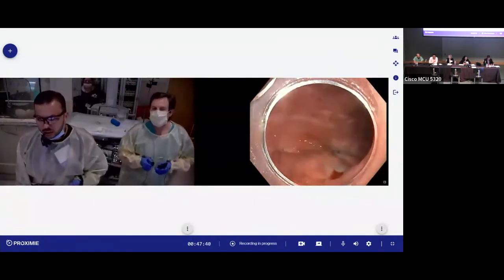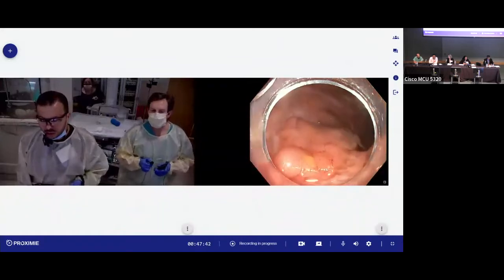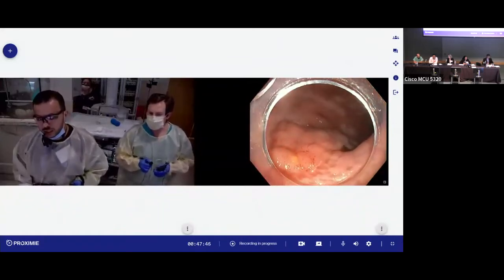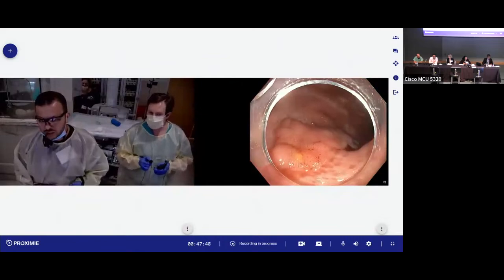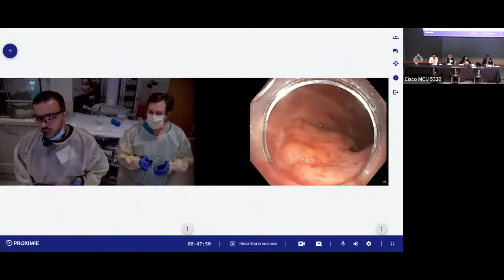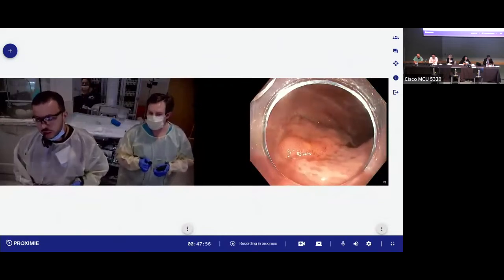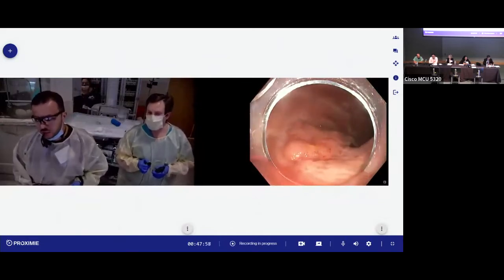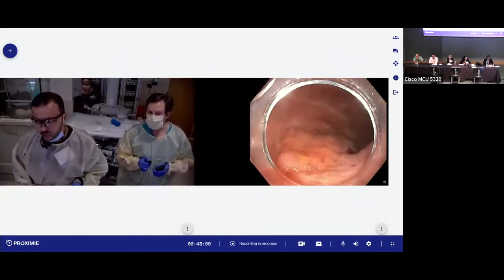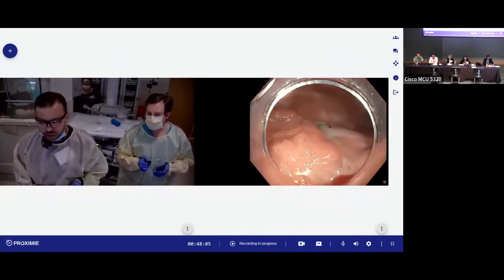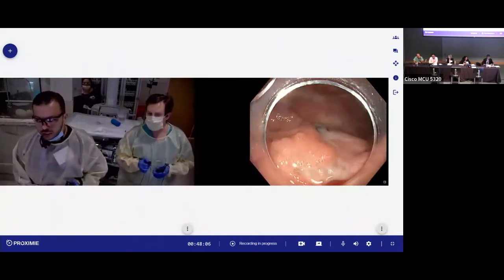Yeah, I think these lesions can be really difficult to manage in the setting of chronic colitis. And if the lift is not adequate and you're dealing with a lot of submucosal fibrosis, then ESD and just slow dissection of these lesions from the wall using the ESD knife is a better approach. We tried actually with the worst looking areas from a fibrosis standpoint here, and you can see we got some lift.